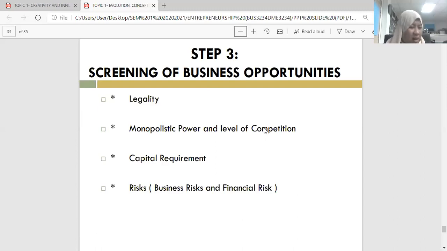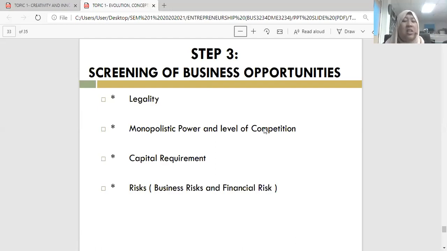Semakin rendah risiko, semakin rendah pulangan. Semakin sederhananya risiko, semakin sederhana jugalah pulangannya. Jadi pulangan apa? Pulangan untung, keuntungan perniagaan kita tadi. So if you are a high risk taker, as most entrepreneurs are, you will go for it. ROI, return on investment, will also be higher.